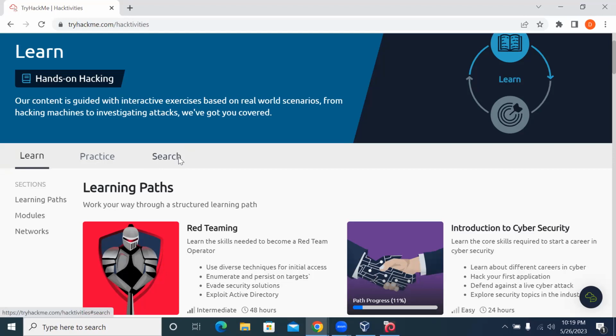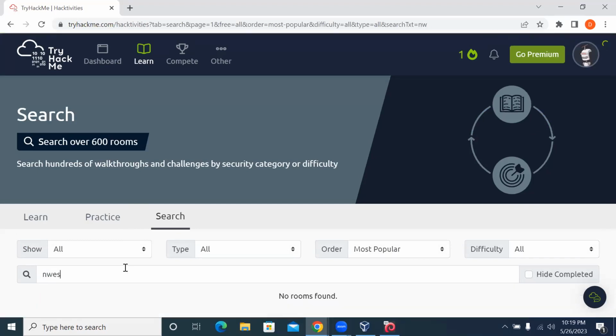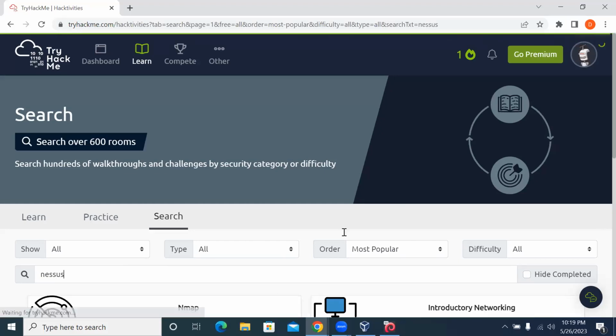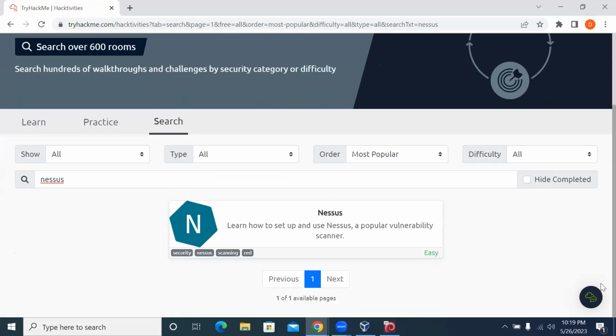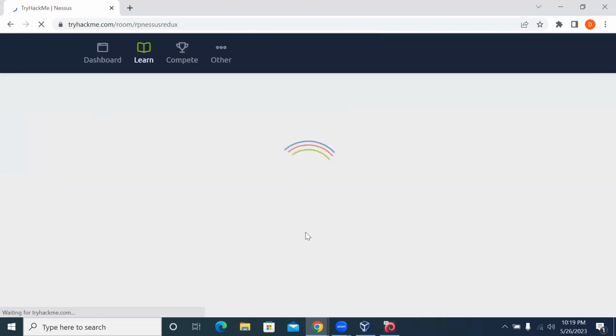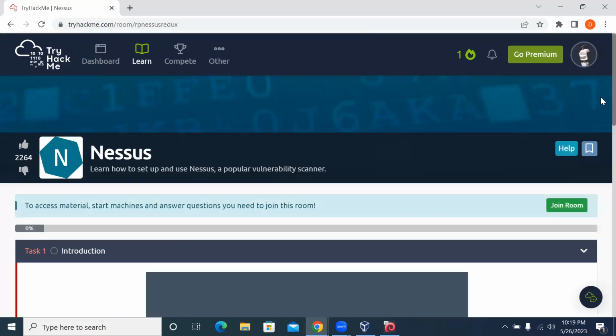Let me see if we have any course on Nessus here. I think there should be courses on Nessus, right? So there's a course on Nessus. I don't know whether it's free or not, but I think it's actually free.